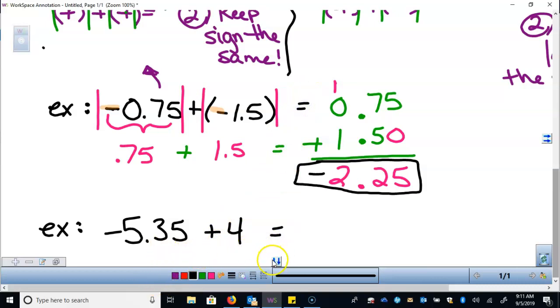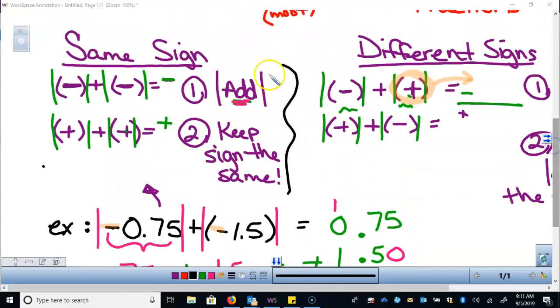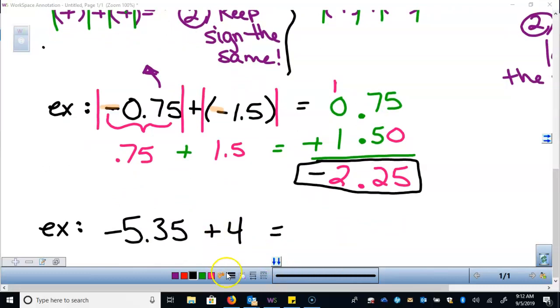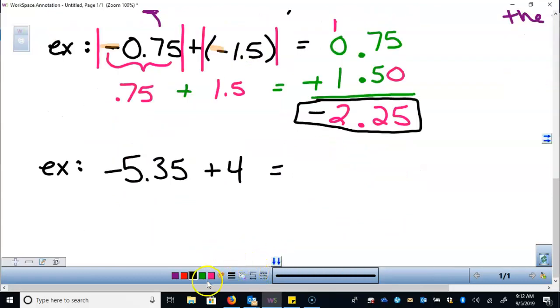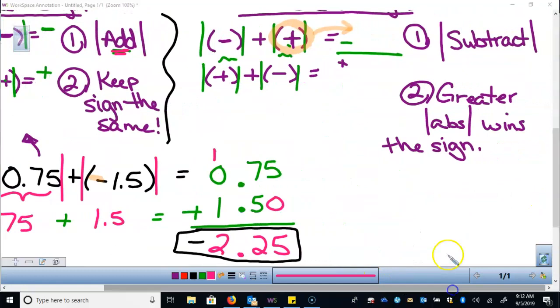Now again, we first have to ask ourselves, which rules are we going to follow? Are they the same sign or different signs? Okay. So same or different, we take a look, we have one negative, one positive. We know these are different signs. Different signs, our first step is to subtract the absolute values.